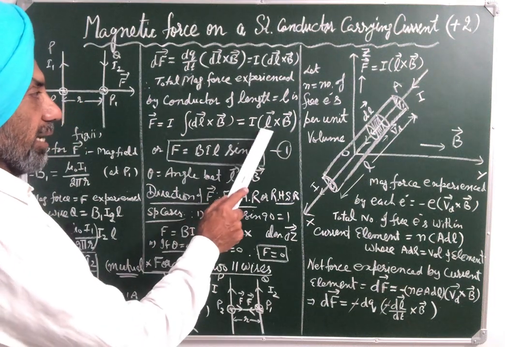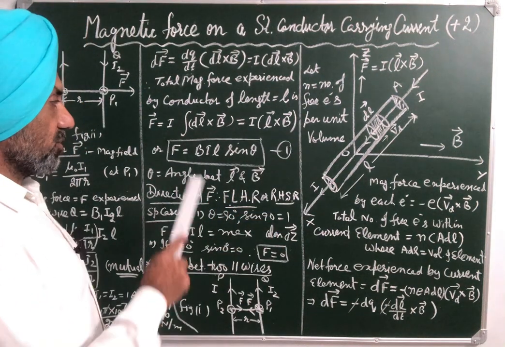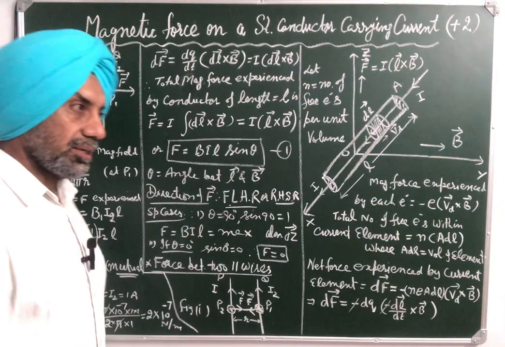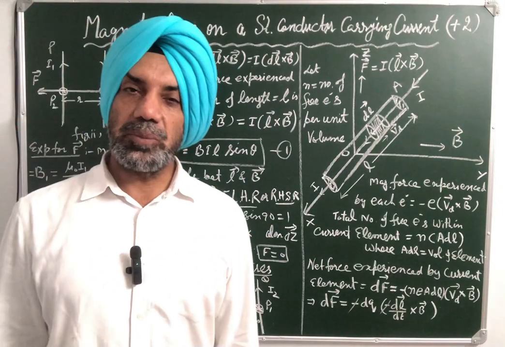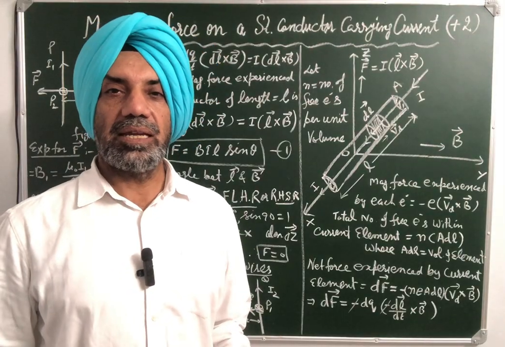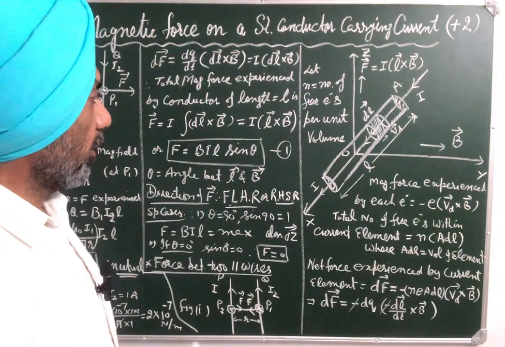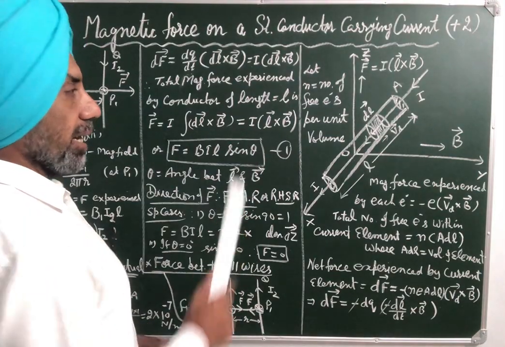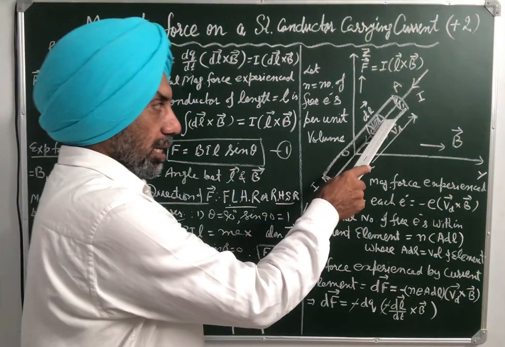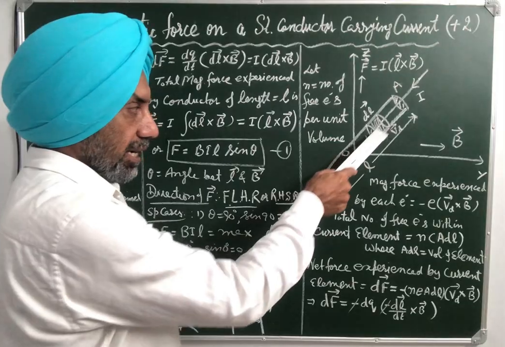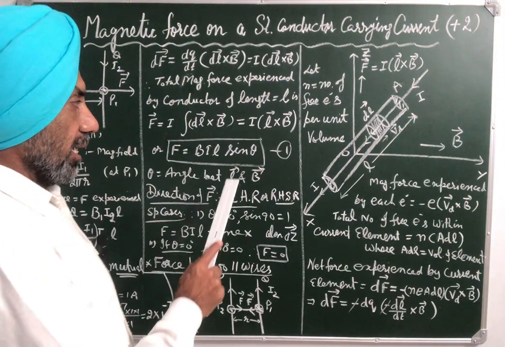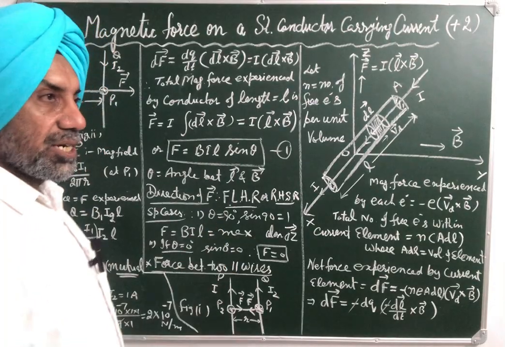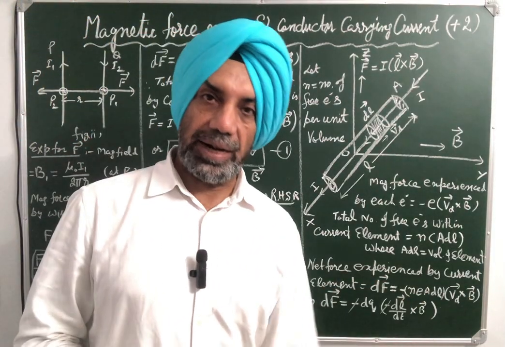So it will be I into L cross B, or F is equal to BIL sin theta. This is the required expression for the magnetic force experienced by a conductor carrying current placed in a uniform magnetic field B, where theta is the angle between L vector, which is in the direction of current, and B vector, or you can say the angle between the direction of current and the magnetic field vector.